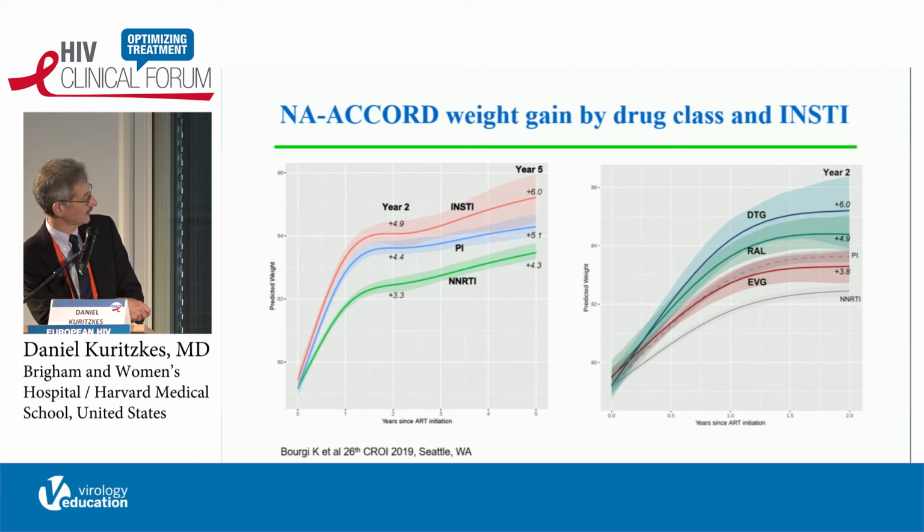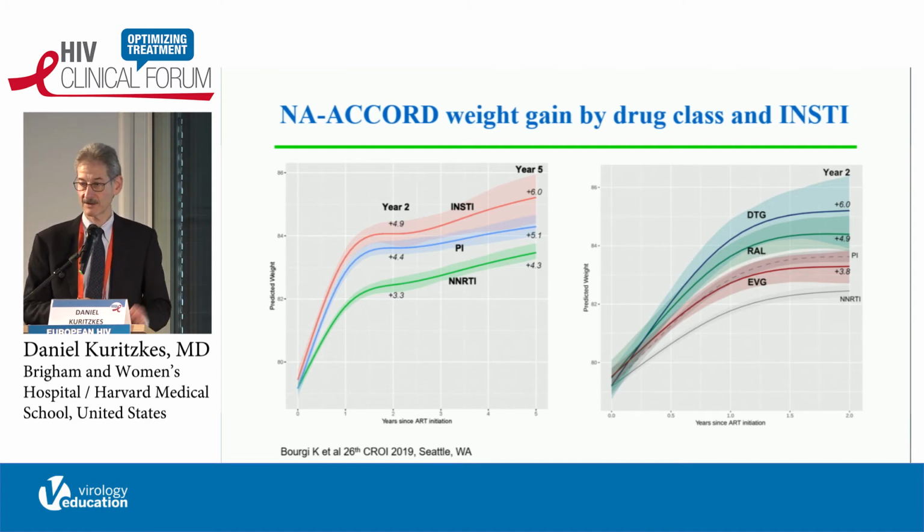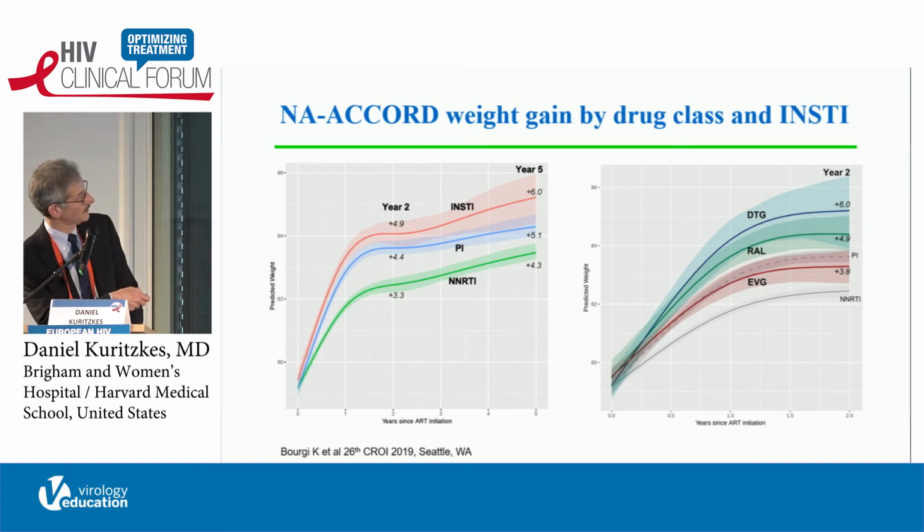And what you notice in these curves is that there's an initial rapid increase, which presumably reflects some return to health of people who have been ill for some time with HIV infection, and many of these patients were initially treated long before the guidelines for immediate initiation of antiretroviral therapy, regardless of CD4 count, came into being. But there's also a continued gradual increase in weight that persists over time, although those slopes look relatively parallel.